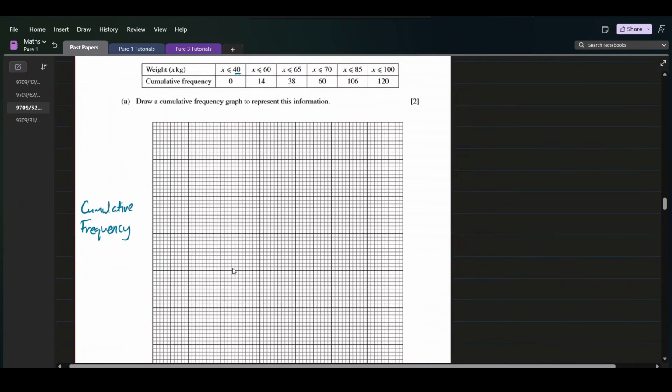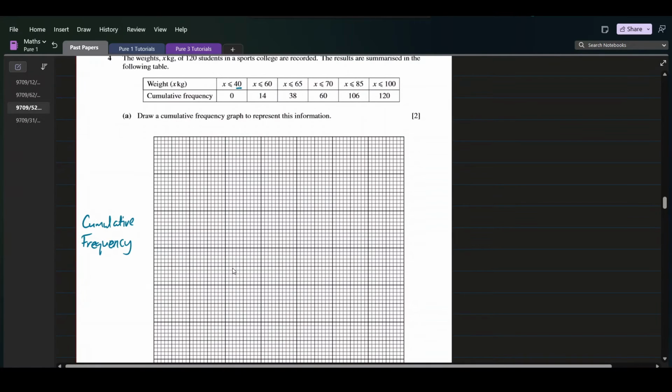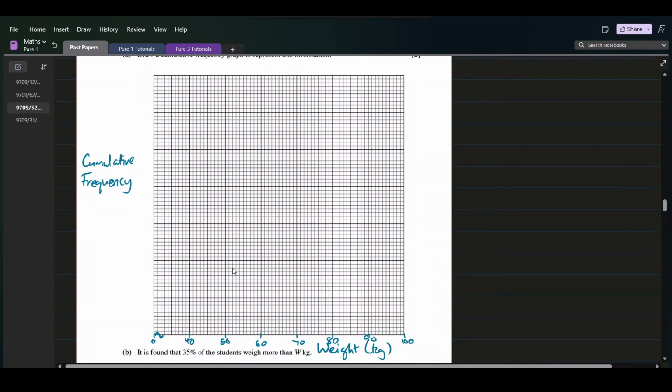And then for our cumulative frequency axis, we're going from 0 to 120. Let's just count how many boxes we have. We've got 1, 2, 3, 4, 5, 6, and 7. Okay, so let's move in intervals of 20.